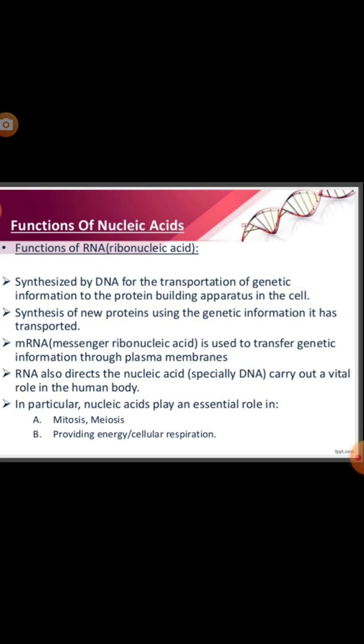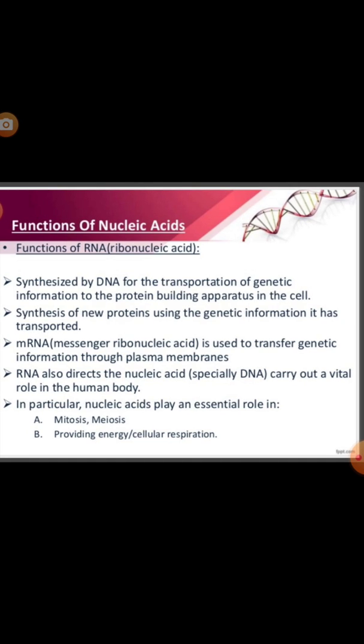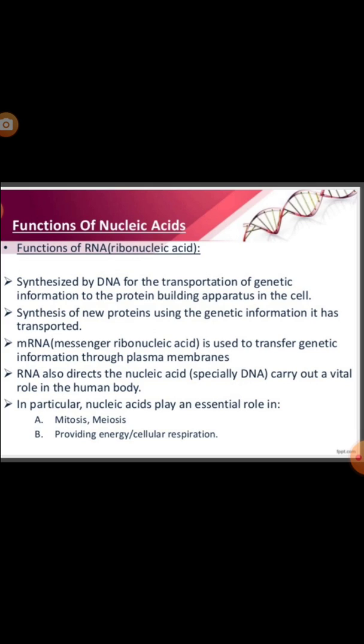In particular, nucleic acids play an essential role in mitosis and meiosis. In cell division, mitosis keeps the chromosome number the same, with 2n dividing into two daughter cells with 2n. But meiosis, the reproductive or gametic cell division, produces gametes, where the chromosome number is halved from diploid to haploid.